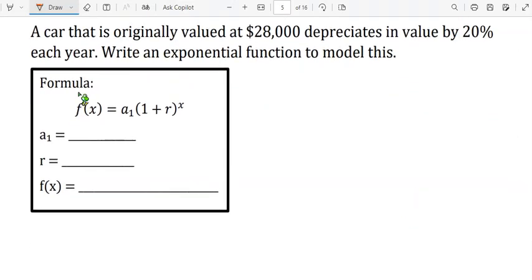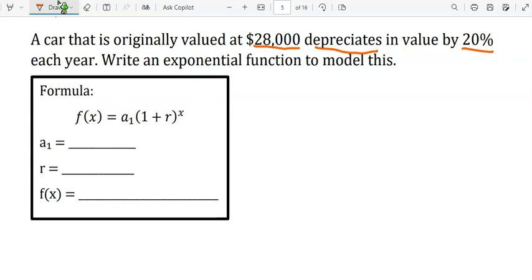A car that is originally valued at $28,000 depreciates in value by 20% each year. Write an exponential function to model this. So for this one, it says originally valued. That is going to be A1. Initial value right here.